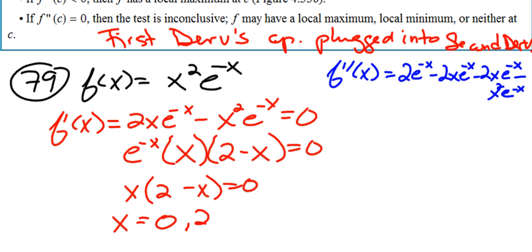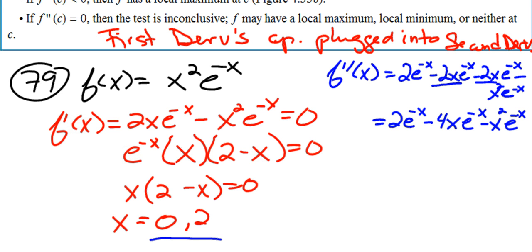If I left it like this, I could simplify it: 2e to the negative x, negative 4x e to the negative x, minus x squared e to the negative x. From here, I found the critical points that I'm going to plug into and evaluate the second derivative.